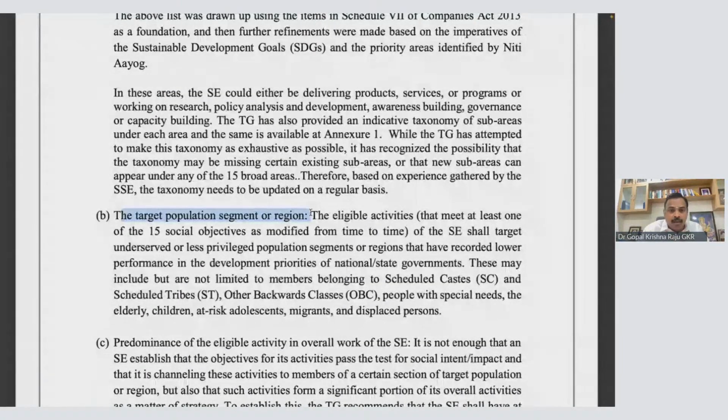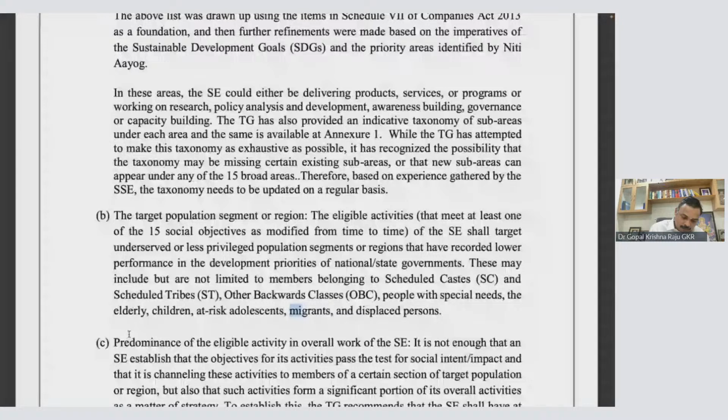Okay, so that's the scheduled tribe, scheduled caste, backward classes, migrants, displaced persons, handicapped, blind people, elderly, children, at risk, pregnant women, special needs. You can go on. So what is that? It is called T, T means target.